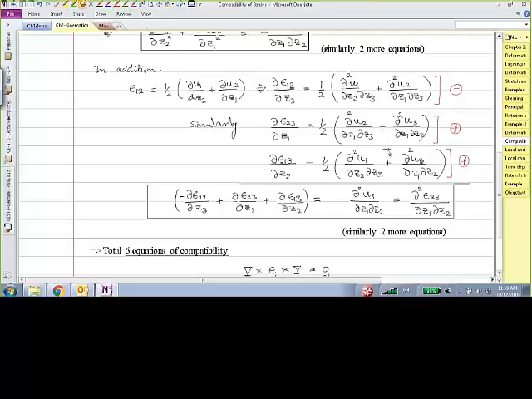So for example, partial u1, z2, z3: this guy and this guy will cancel off. That term and that term cancel off. Partial u2, z1, z3 is right here. These two terms cancel off.